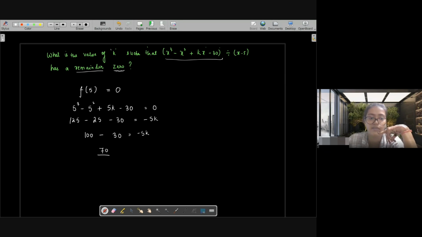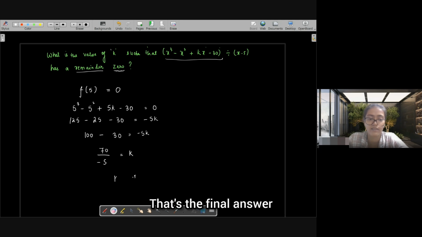Divided by negative 5, that's negative 14. So the value of k is negative 14. That's the final answer. k is equal to negative 14.